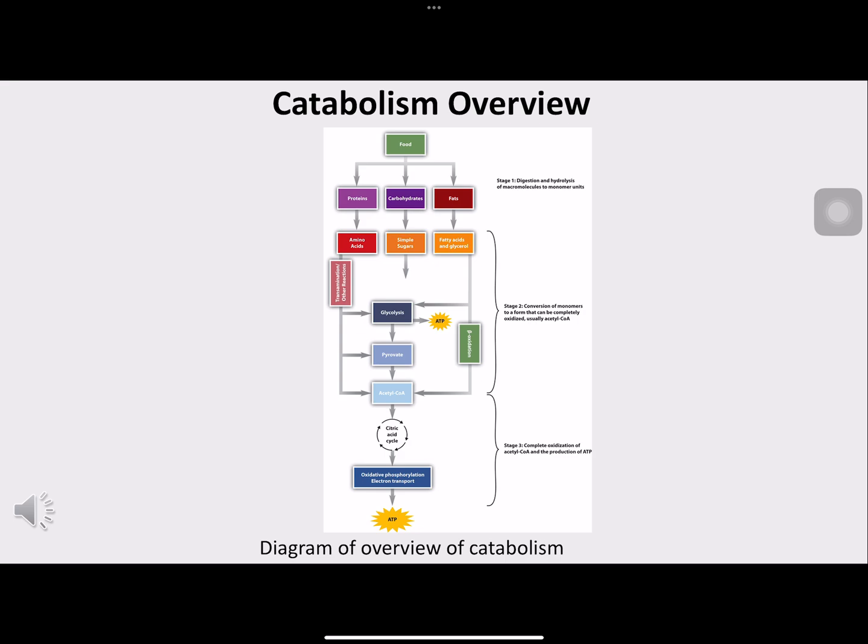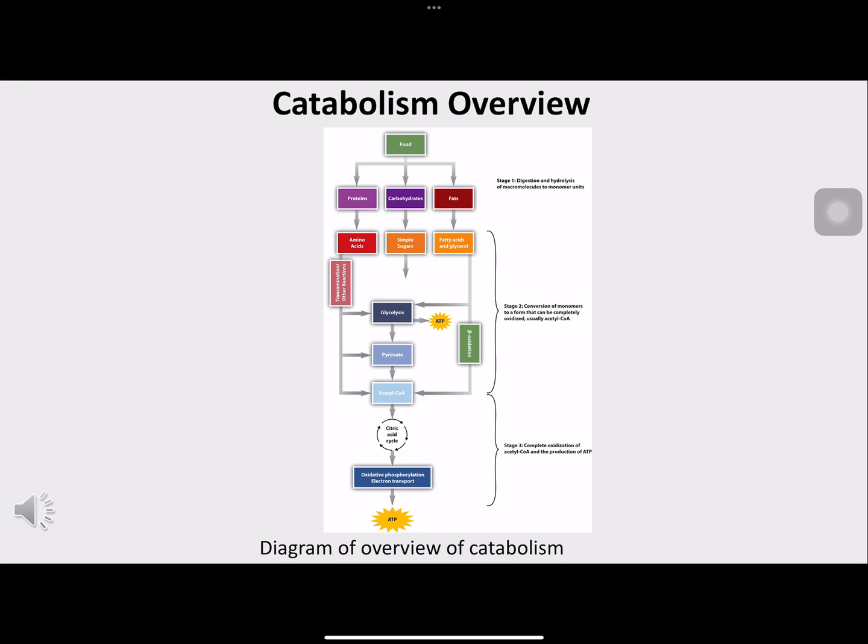What we'll then do is other modifications of these components so that they can enter into glycolysis, in which case we'll generate pyruvic acid, pyruvate, which we'll take through the intermediate step to make acetyl-CoA, and then take that through the Krebs cycle, also known as the citric acid cycle, and then the reduced electron carriers go into the electron transport chain, and we get ATP at the end.